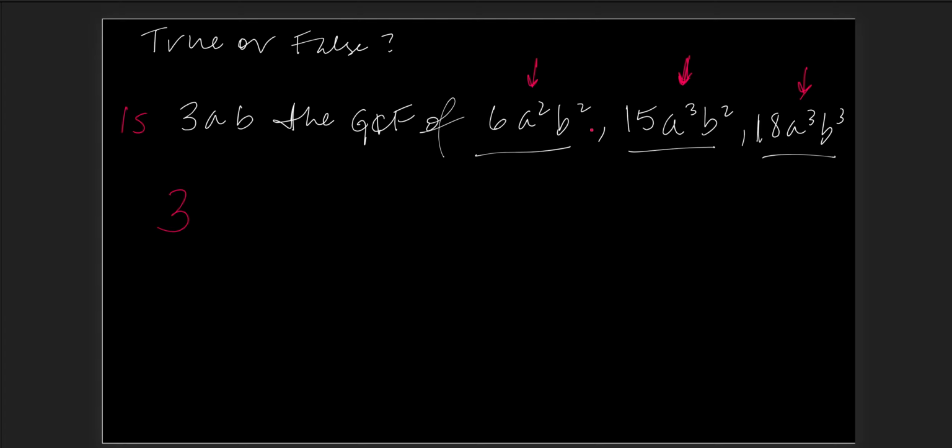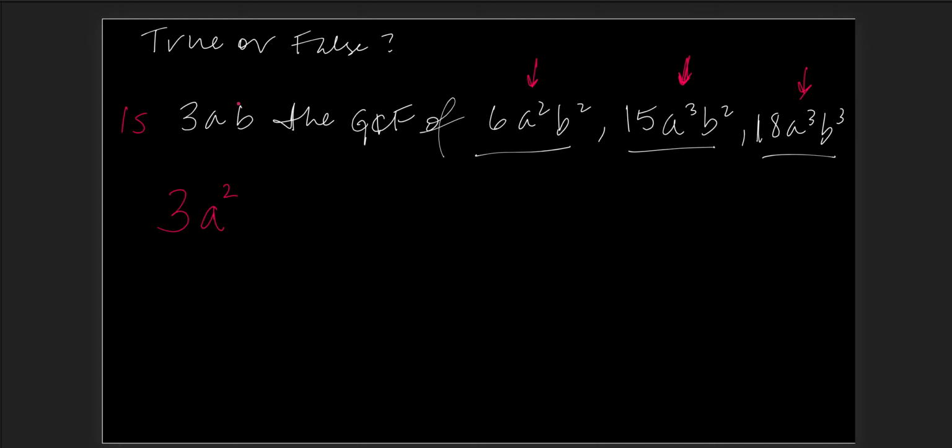What's the biggest number that they have in common? There's 2 here, there's 3 here, and there's 3. This one does contain 2. This one also contains 2, but this one doesn't contain 3. So 2 has to be it. A squared is the greatest common factor as far as the A's go. That's what you ask. What's the greatest number that they have in common?